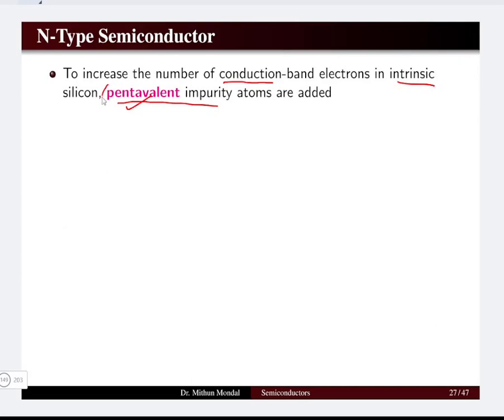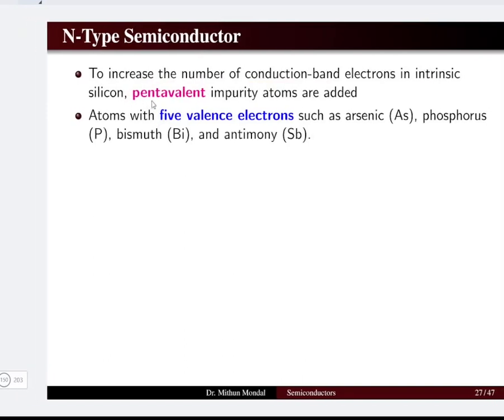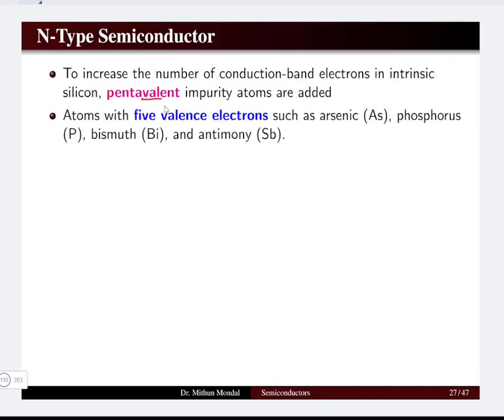The term pentavalent is given to these atoms because pentavalent impurity atoms have 5 valence electrons, and examples are arsenic, phosphorus, bismuth and antimony. These are some of the examples of pentavalent impurity atoms, which have 5 valence electrons.